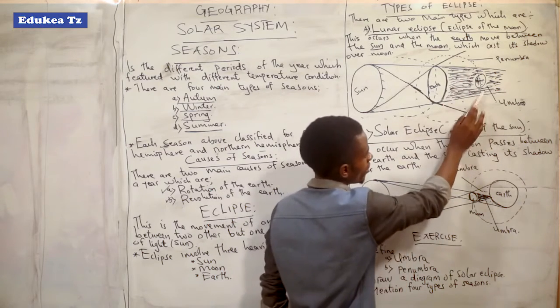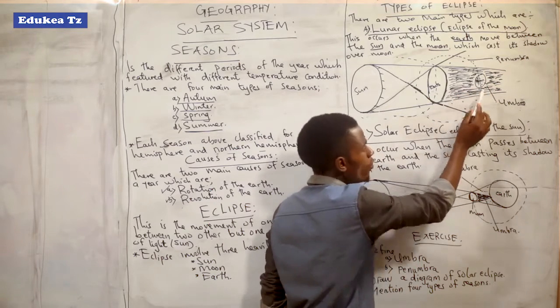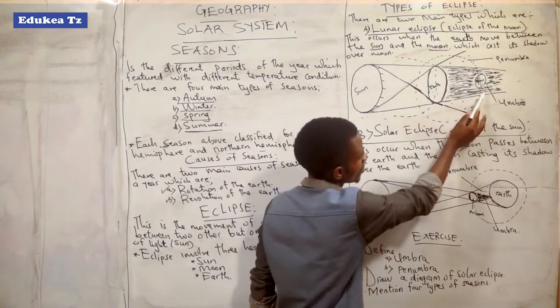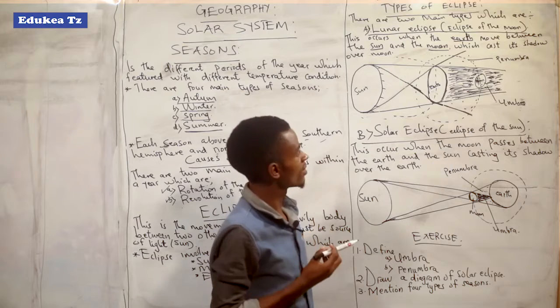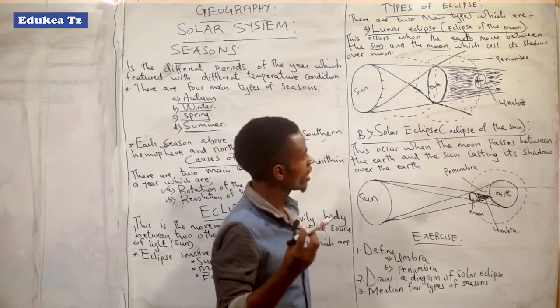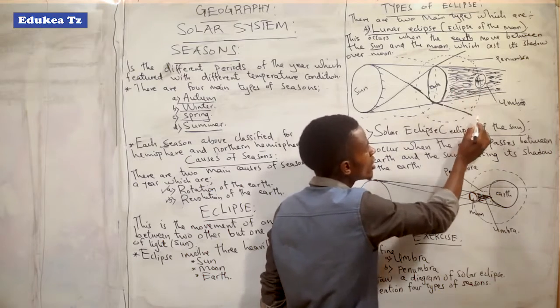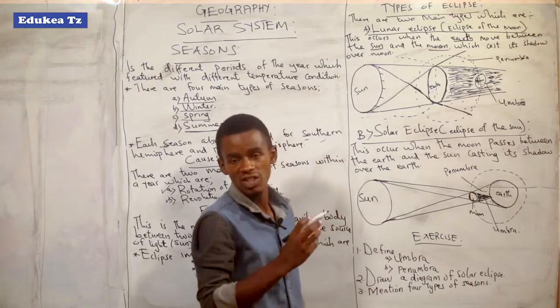When we talk about umbra, this is what you call umbra. So umbra means what? It means the total shadow of the eclipse. The total shadow of the eclipse. It means that the area is totally obscured by the shadow.